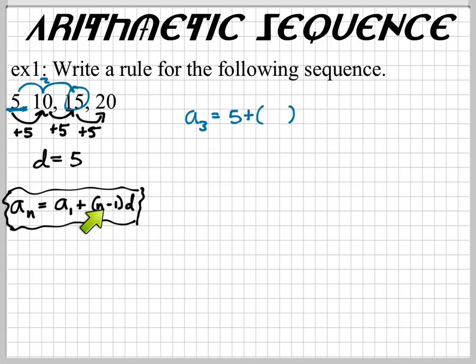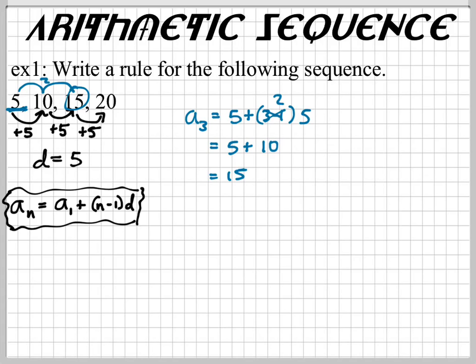What is n? n is 3. So we have 3 minus 1, and then we multiply it by the common difference, which is 5. 3 minus 1 is 2, and that's where you get the 2 from. And 2 times 5 is 10. So we have 5 plus 10, and that equals 15. You see how that works? Kind of cool.